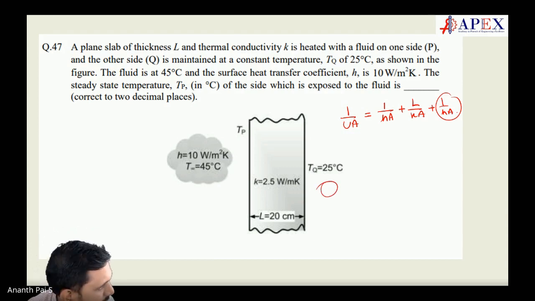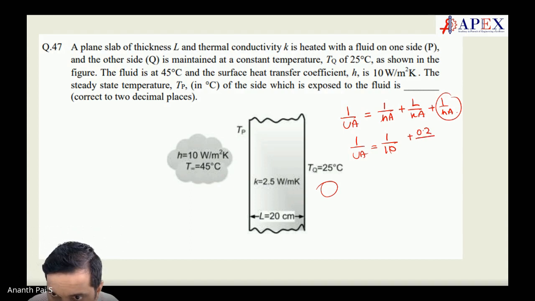Here, it's directly given. So the overall resistance 1 by UA is equal to 1 by H, which is equal to 10, and L by K. L is given as 20 centimeter, which is 0.2 divided by K, which is 2.5.